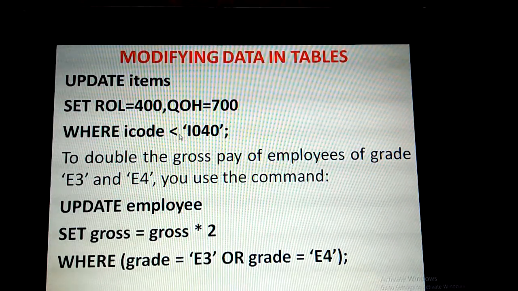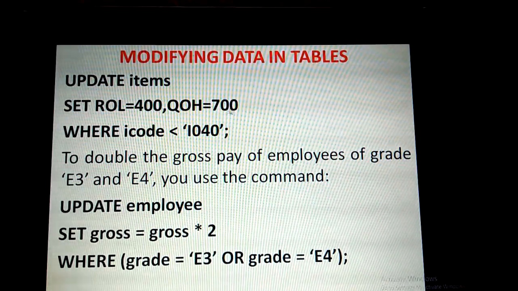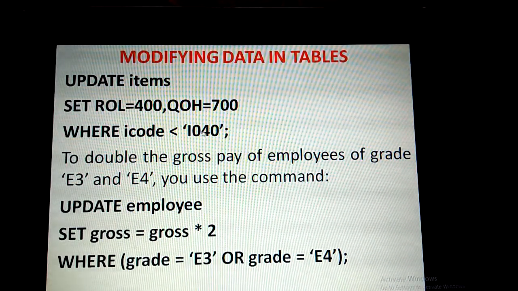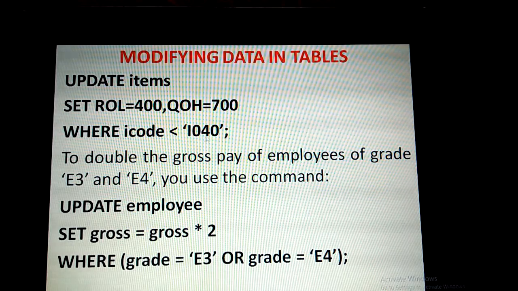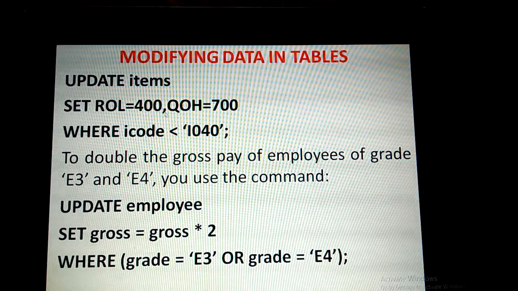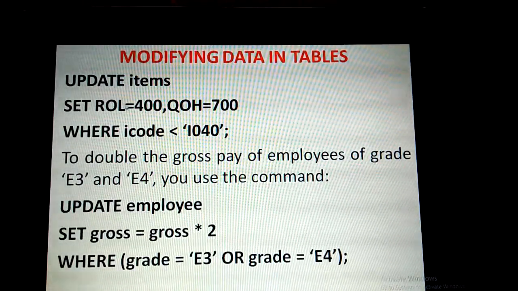I code should be less than I040, and we need to set the value as ROL as 400, comma, QOH as 700. The condition is I code should be less than I040, so that should be assigned within single quotes because this is mentioned as a character data type, text data type, so it should be given within single quotes. If it's a number data type, there is no need to give quotes.